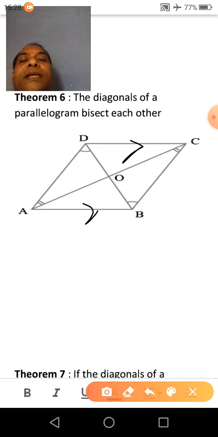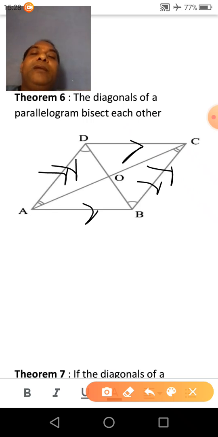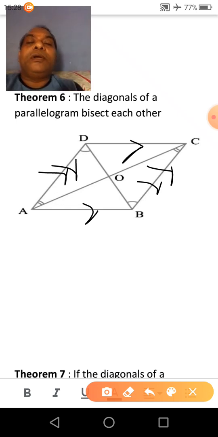Clear? And side AD is parallel to BC. So AB is parallel to DC and AB is equal to DC, and AD is parallel to BC and AD is equal to BC because ABCD is a parallelogram. Now we have to prove that its diagonals AC and BD bisect each other.